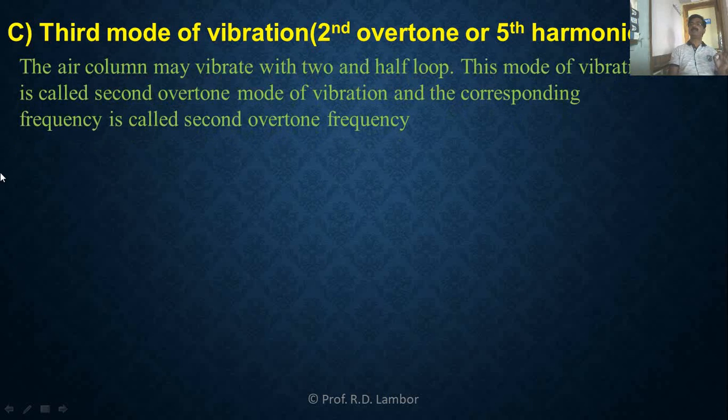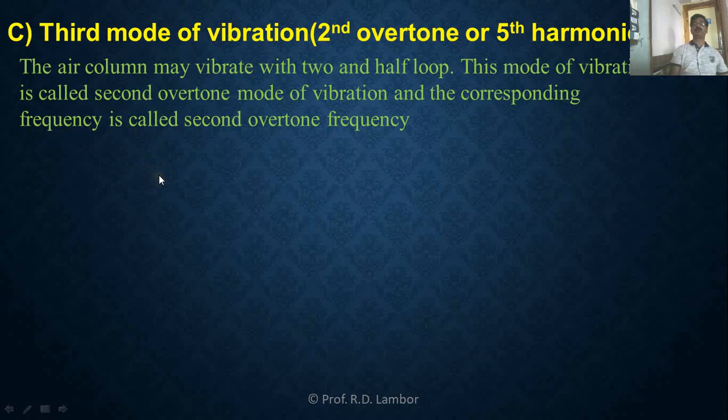That time, this mode of vibration is called second overtone mode of vibration, and the corresponding frequency is called second overtone frequency. आता harmonic कितवा येणार, that depends upon which multiples of fundamental frequency arises here. So let us see which harmonics comes here.